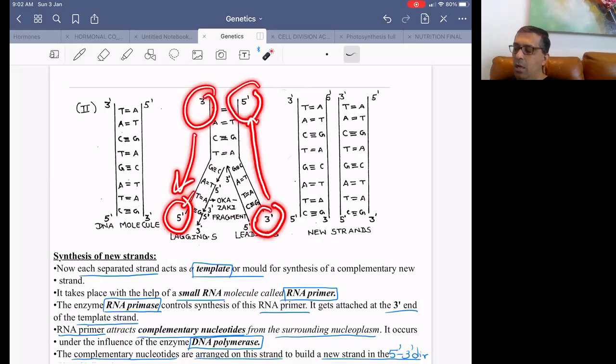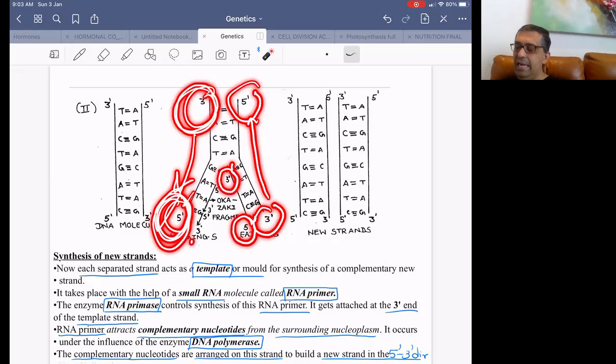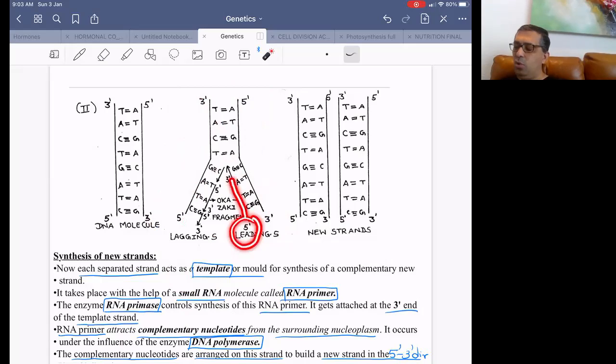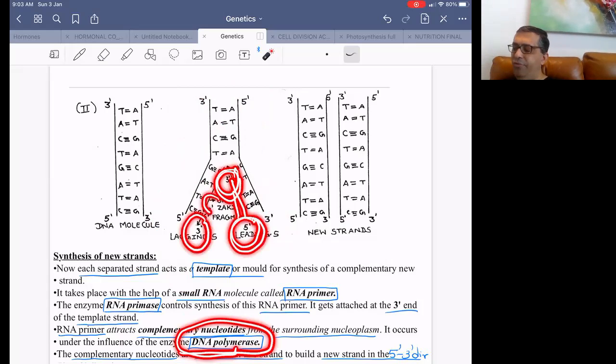When the replication fork forms, new strand is always formed from 5 end to 3 end. So here, on the opposite side of this strand, this is the 5 end, and here is the 5 end, and here is the 3 end. So a new strand cannot be formed from the 3 end to the 5 end. New strand with the help of DNA polymerase can always go from 5 to 3, cannot go from 3 to 5.